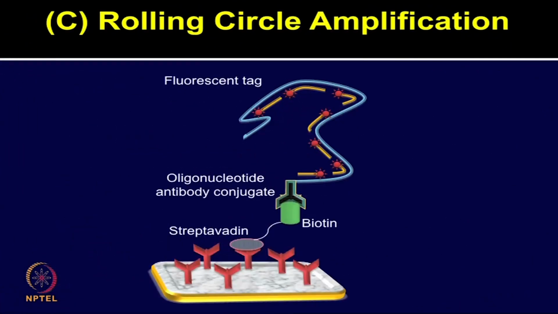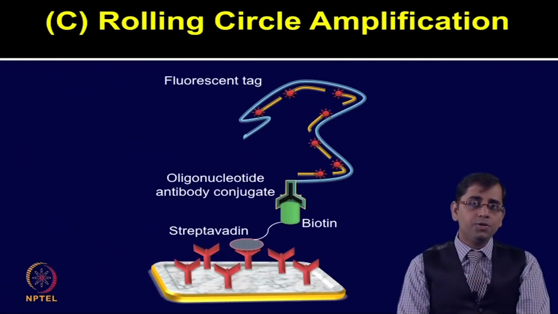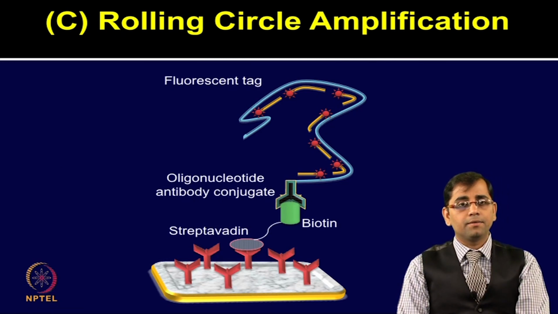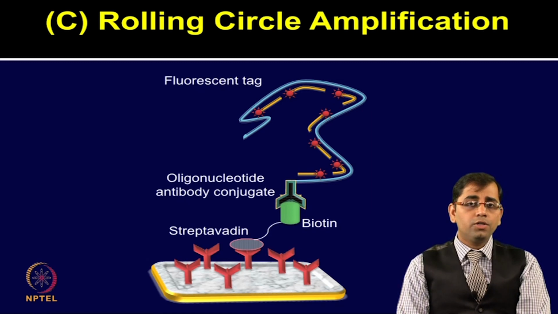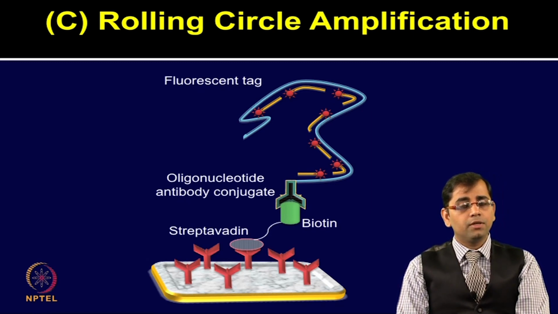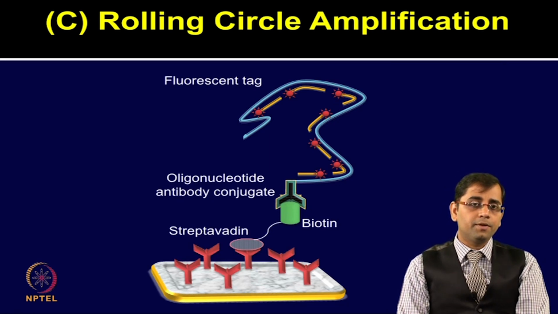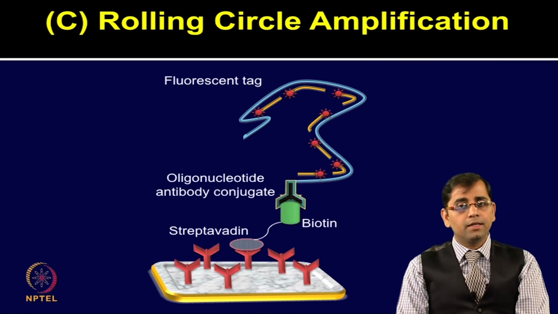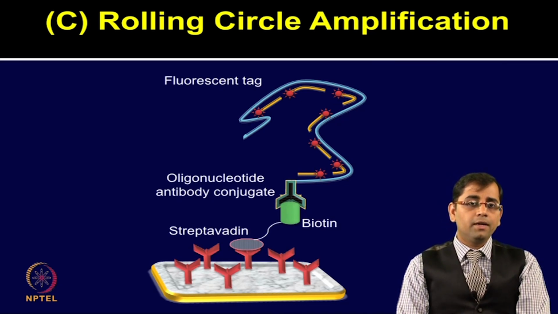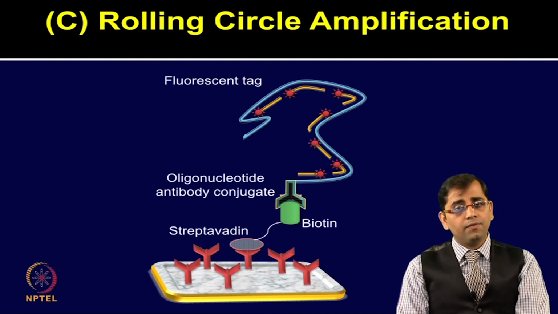We shall now move on to the rolling circle amplification or RCA method. RCA is a very effective method for on-chip signal amplification to improve the detection limits in a microarray experiment. In RCA, the capture antibody is printed on the microarray and it binds to the analyte of interest. After that, it can be detected by a biotin labeled secondary antibody.